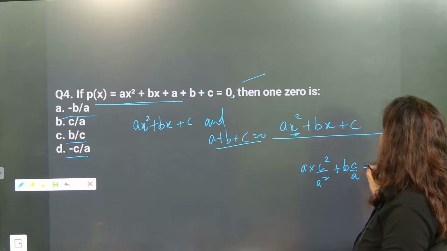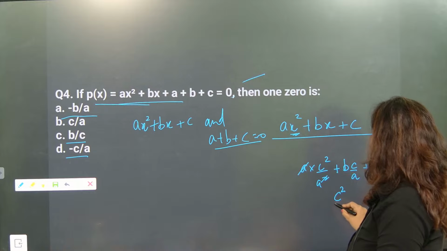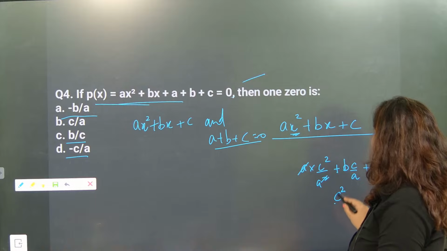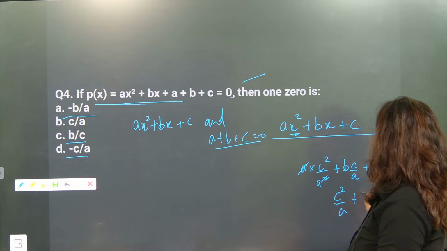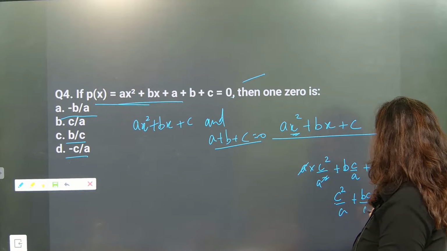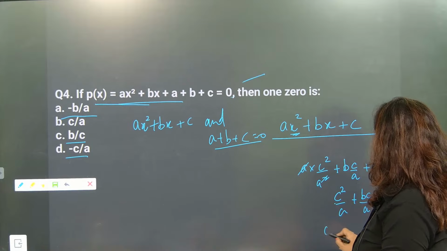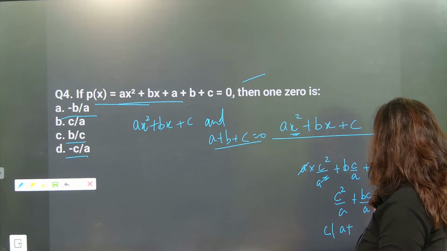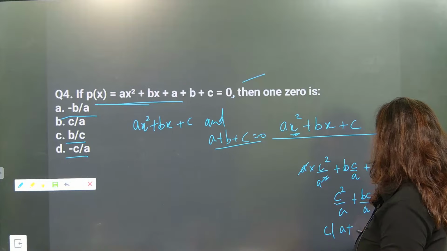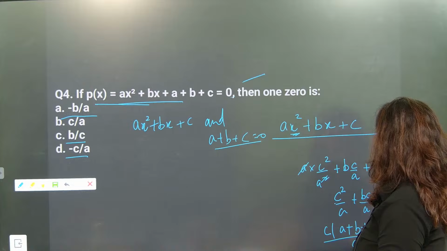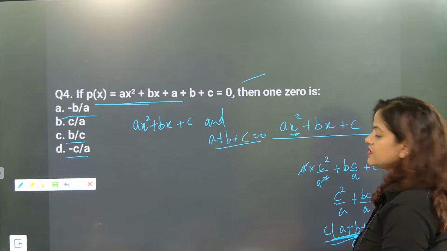So c square by a is there. So here c square by a plus bc by a, then here it will become ac by a. Now you take c common, it will become c by a into a plus b plus c. Now a plus b plus c is given as 0.